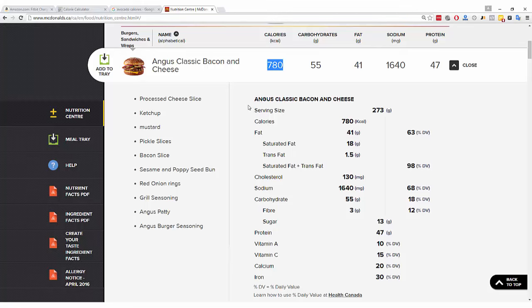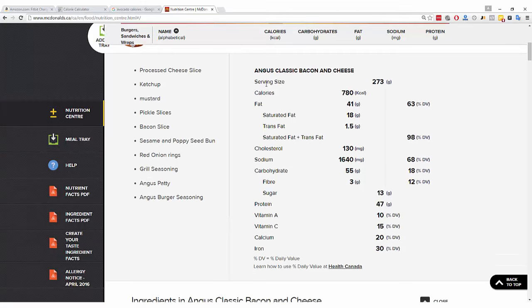Then you can dig deeper into specific things that are there. And let's check out fat. So 41 grams of fat. Among those 41 grams, 18 grams is saturated fat, which is bad for our body, and 1.5 grams of trans fat, which is also bad for our body. And there is no unsaturated fat, which is a good one.